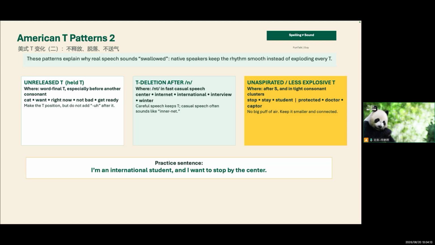The rule is the same, because T, K, P are voiceless consonants, so the rule is the same: cap and back. Welcome back, welcome back, backpack. The T is not aspirated, it's swallowed. So when you say this word, protect, it becomes protect. See, protect, back, protect, protected, protected.